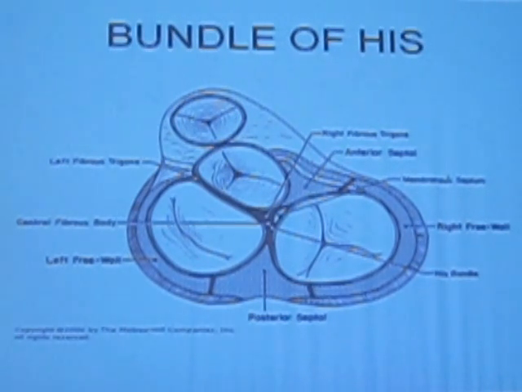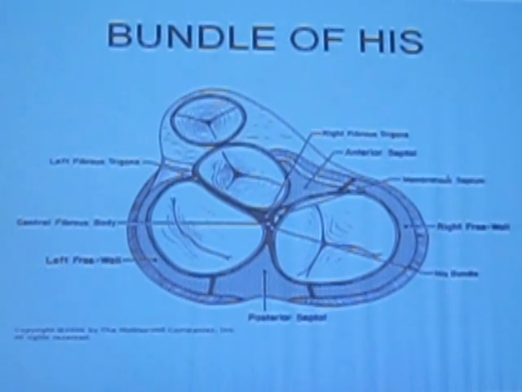You see here, the fibrous skeleton of the heart encircles, it surrounds the valves. What are the valves? Those present between atrium and ventricle, right and left side: the tricuspid and the bicuspid valves.